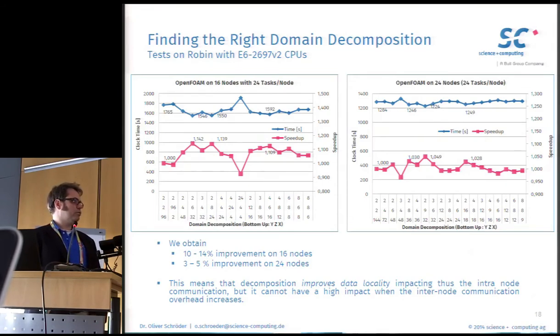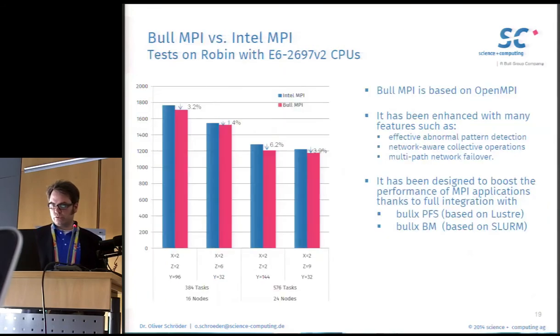So if you can improve data locality, that's good, but if the inter-node communication overhead increases from 16 to 24 nodes, then of course this advantage gets reduced.